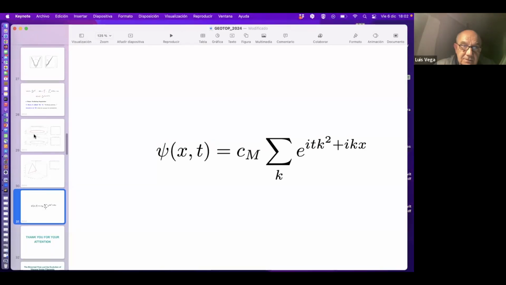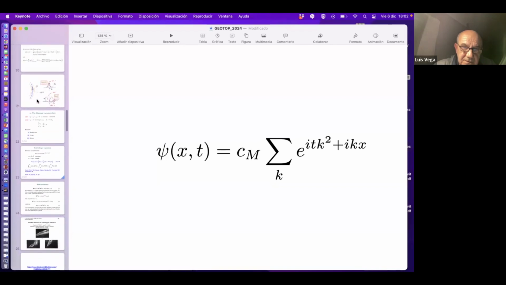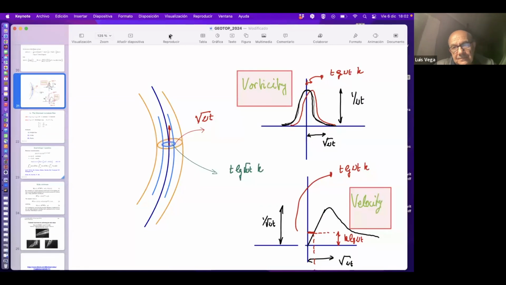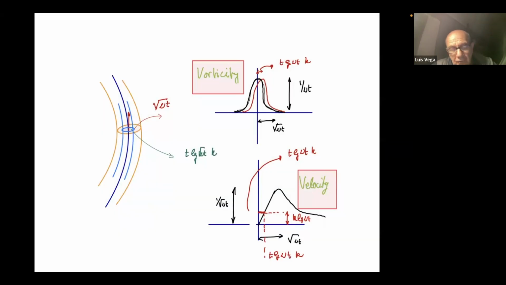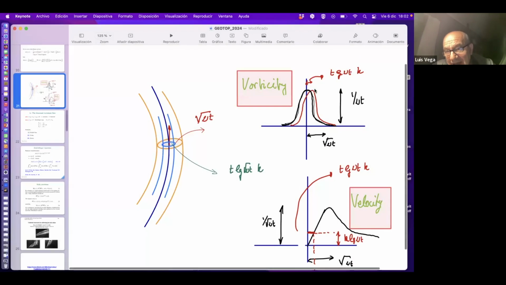It is the case. So going back to this picture, if I go to the maximum of the vorticity, which is here, the maximum of the vorticity has shifted because of the curvature. It has moved precisely in the normal direction.